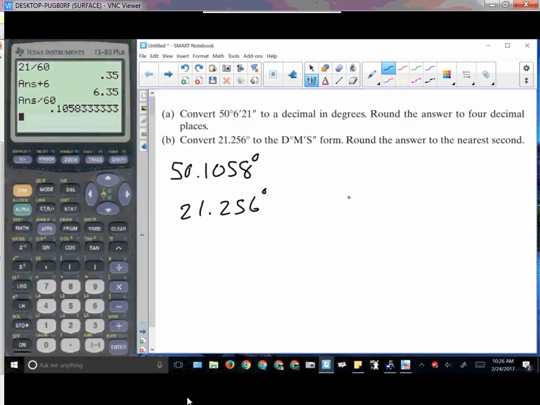Now I've already got 21 degrees. This here is identifying the minutes, correct? So if I've got 0.256 of a minute, I take 0.256 times 60.